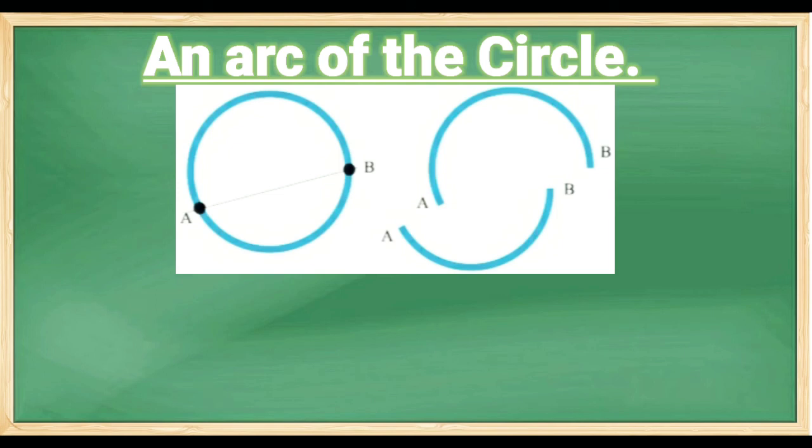So an additional point is taken on each arc. On this figure, let's take those points as point C and point D. These points are used to give each arc a 3-letter name. Thus, in the given figure, we can name these two arcs as arc ACB and arc ADB.